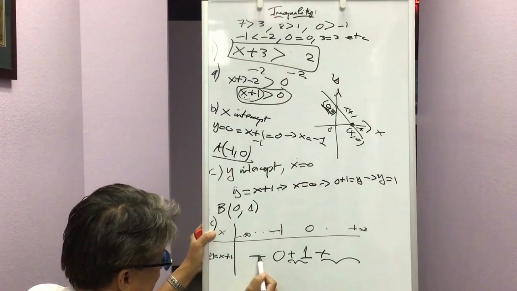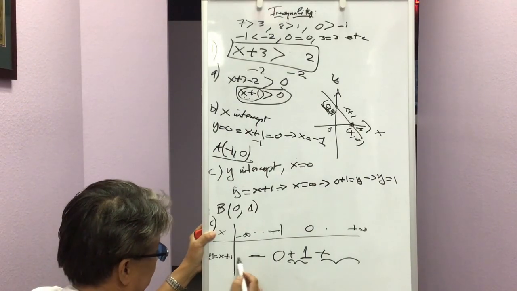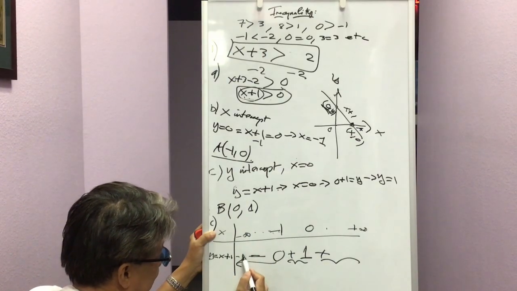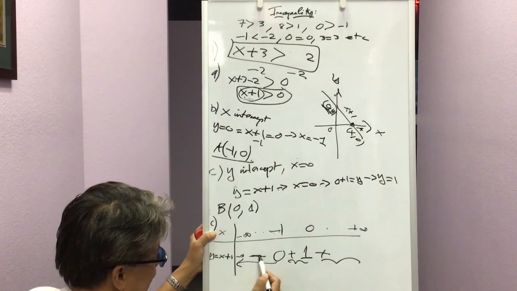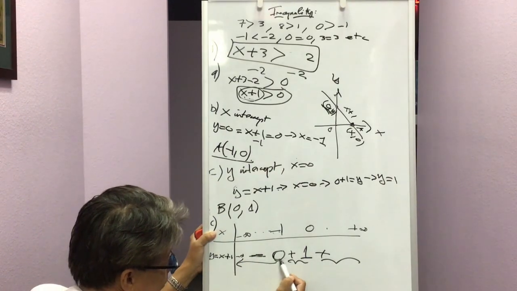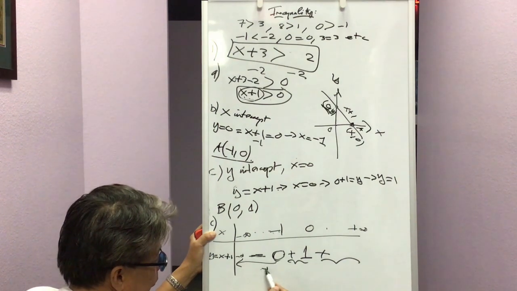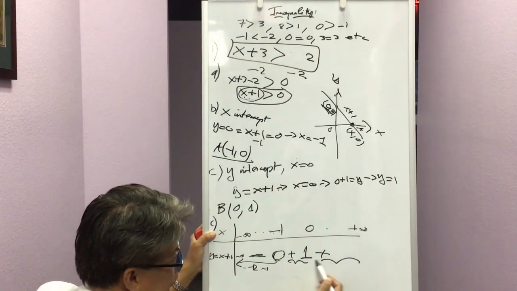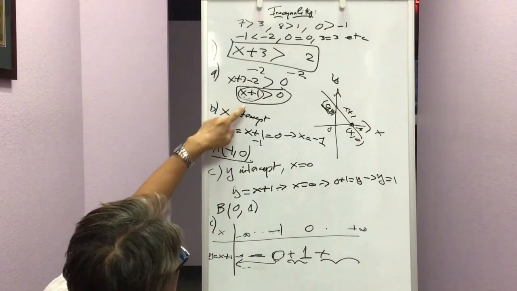And going back, from 0 to negative infinity, y has a negative sign because it's less than 0. The values right here are y equals negative 1, negative 2, toward negative infinity, and from 1 to infinity it is positive.